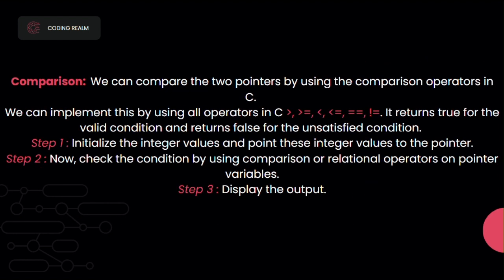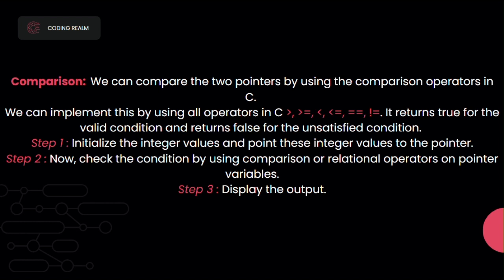And finally, comparison. We can compare two pointers by using the comparison operators in C. We can implement this by using all operators in C, like greater than or equal to, less than or equal to, and not equal to. It returns true for the valid condition and returns false for the unsatisfied condition.